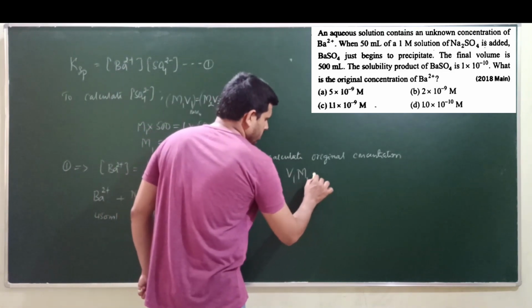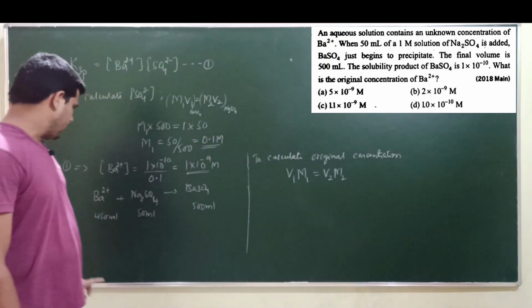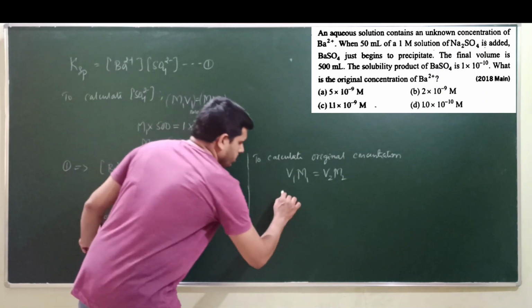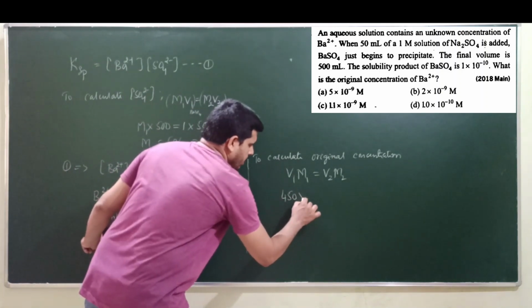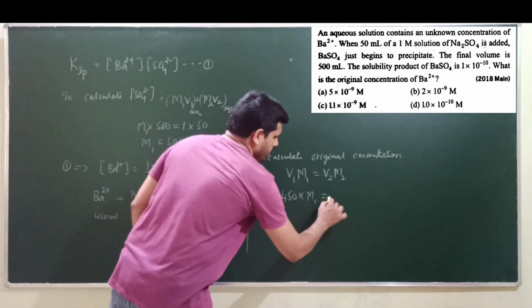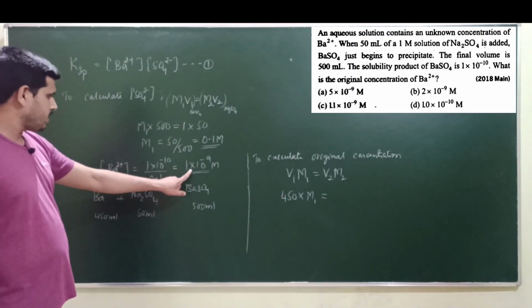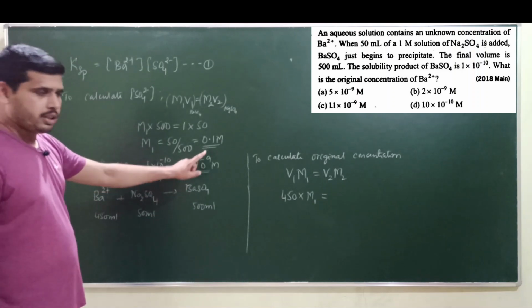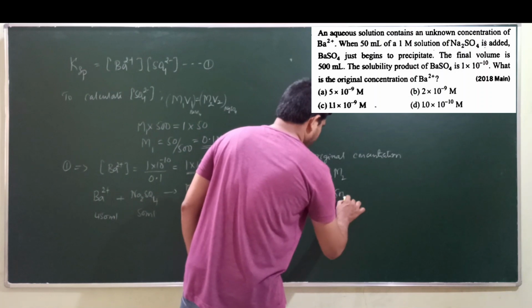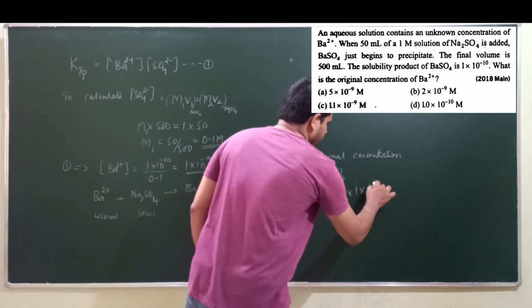V1 M1 equal to V2 M2. I have 450 ml as V1, and M1 I don't know. I have to calculate the original solution concentration. I have total volume of 500 ml and its concentration is 1 into 10 to the power minus 9. So 500 ml into 1 into 10 to the power of minus 9.